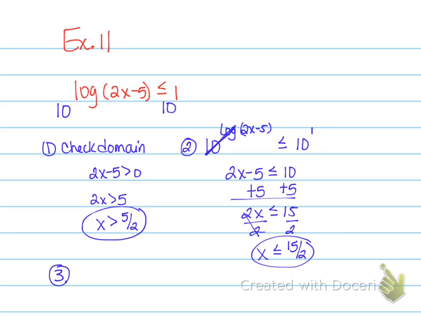We know that x has to be greater than 5 halves, but yet less than or equal to 15 halves. So we end up with parenthesis 5 halves, comma, 15 halves, and then close it with a bracket. If you need to, do your number line and check, and it's going to be where it makes both of them true. And so here is our solution.